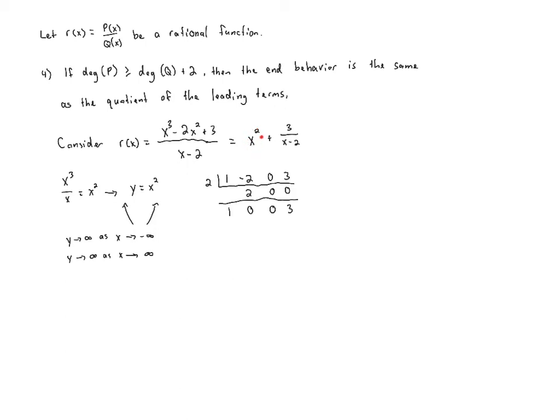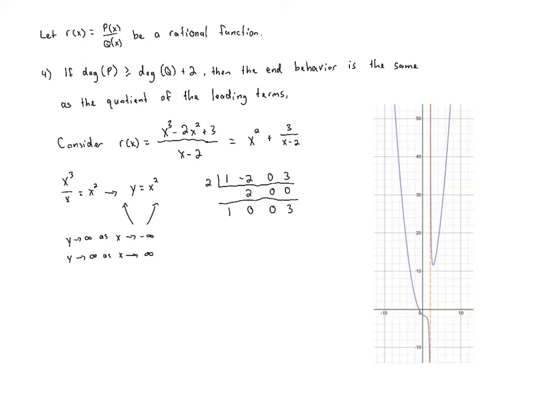And the leading term, x squared, is what we get when we look at the quotient of the leading terms of our rational function. So because this function can be expressed as x squared plus this fractional term, and the fractional term gets smaller and smaller as we move towards infinity and negative infinity, the behavior is modeled off of x squared, which tells us we're moving up in each direction.